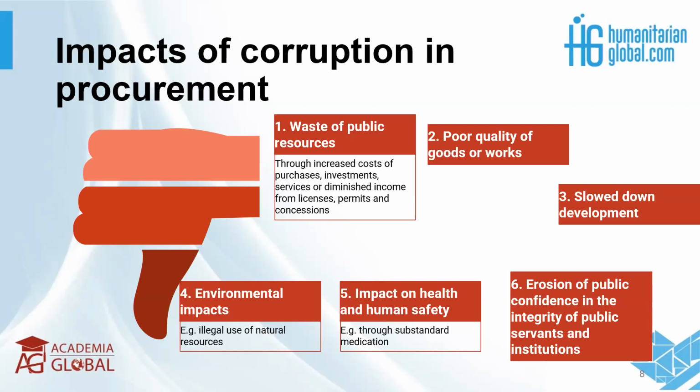The other one is erosion of public confidence in the integrity of public servants and institutions. This is very common, especially in governments, and also with people who are funded by donors. If the donors already know that the money they invest in the organization is going to end up in individual people's pockets, then they are going to question the integrity of the organization.